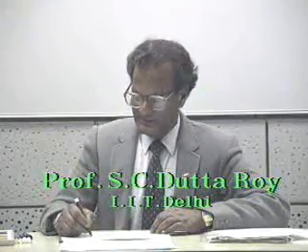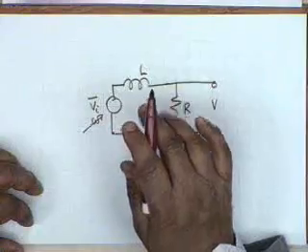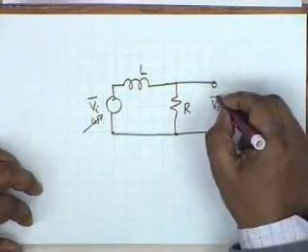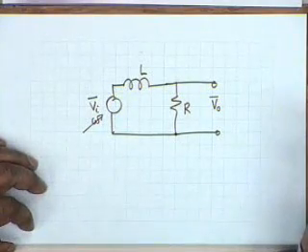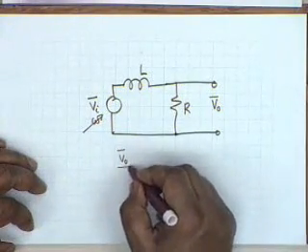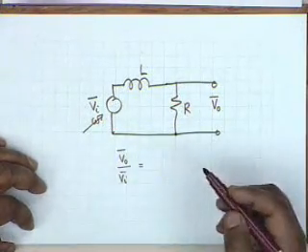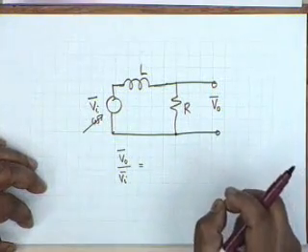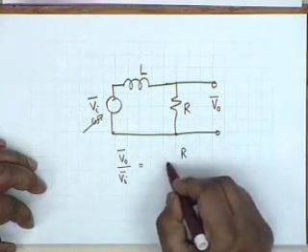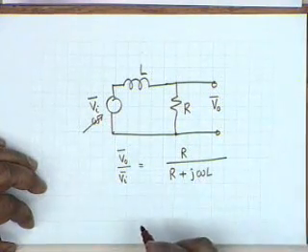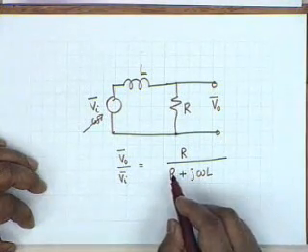Its frequency is variable. I want to find out, let's say this is Vi phasor, input voltage, this is sinusoidal of a frequency omega which you keep on varying, and the output is V0, and let the phasor be V0. Then you see V0 over Vi would be simply, phasors can be treated in exactly the same manner as DC voltages, and therefore this would be R divided by R plus j omega L. Alright, this is the transfer function.